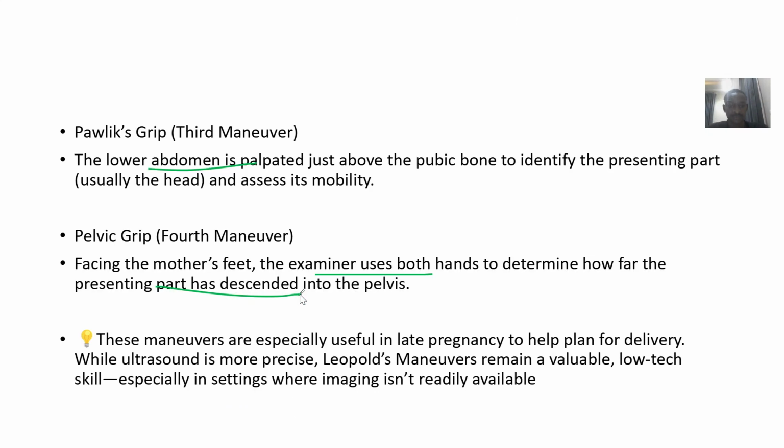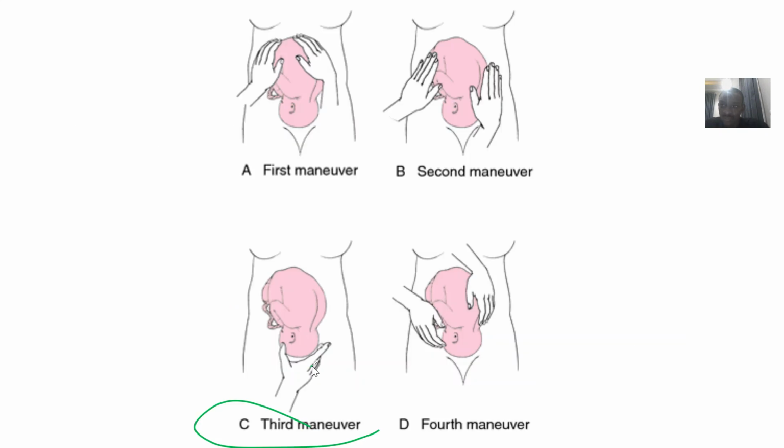These maneuvers are especially useful in late pregnancy to help plan for delivery. While ultrasound is more precise, Leopold's maneuvers remain a valuable skill. If you see a doctor doing this, that means the doctor is experienced, but lazy doctors might just want to use ultrasound.